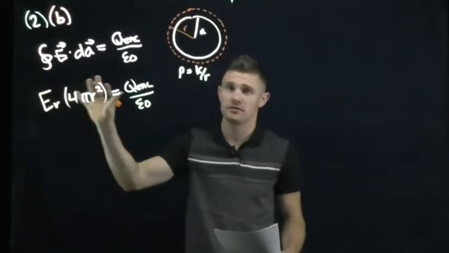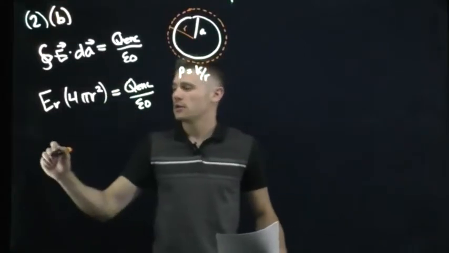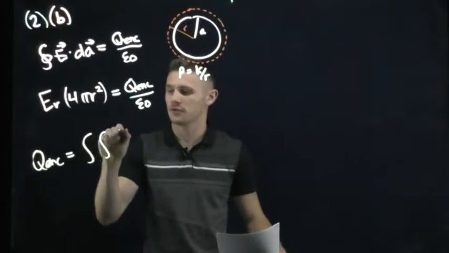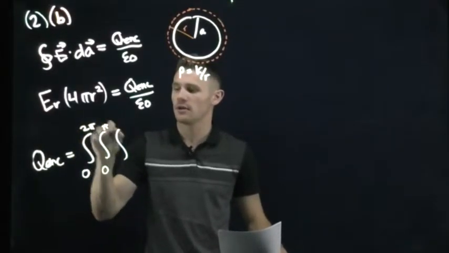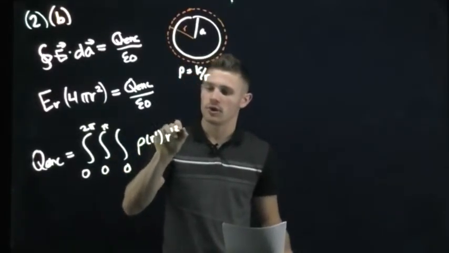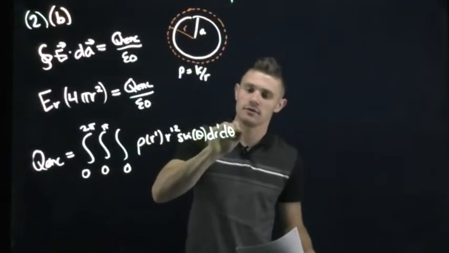For the derivation of this side, watch the video on part A. But the enclosed charge will be different. This time we take the volume integral of the charge density in spherical coordinates, 0 to 2 pi, 0 to pi, 0 to a, of rho of r prime, r prime squared sine theta, dr prime, d theta, d phi.